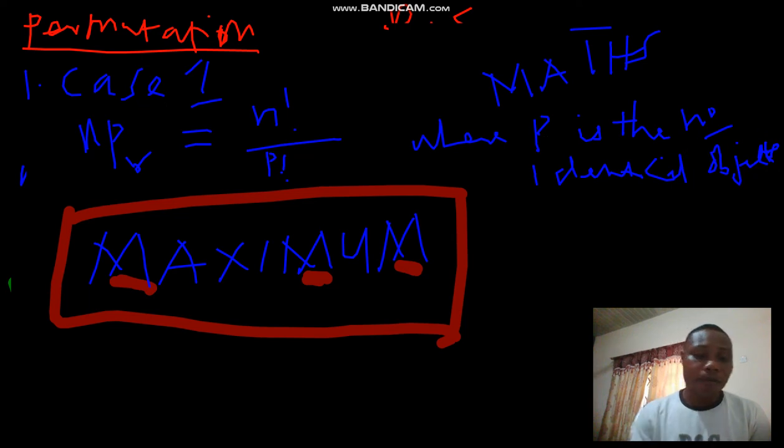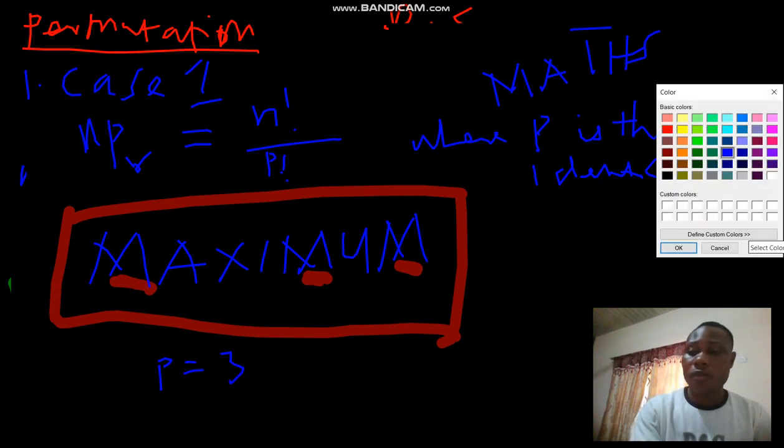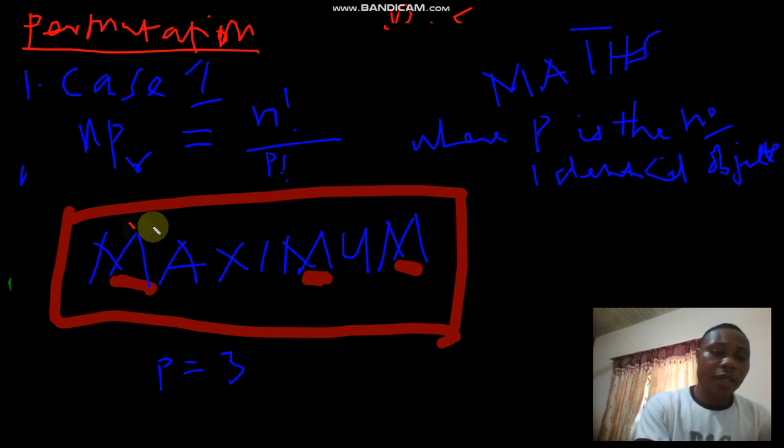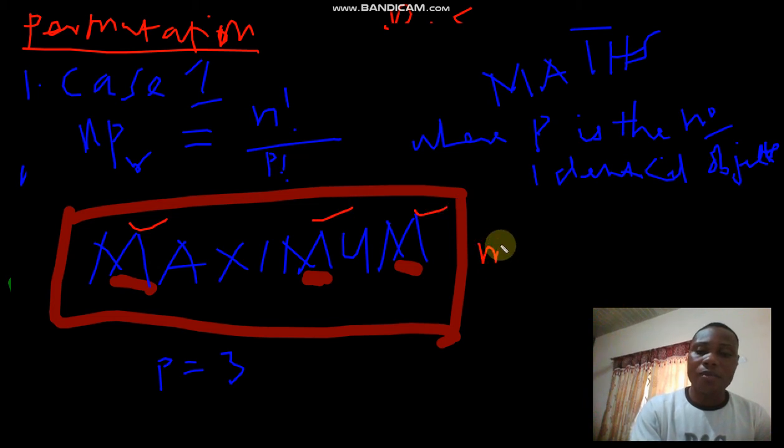Now let me explain. The p is going to be 3. Why? Because I have first m, second m, third m. So my m's are 3, therefore my p is 3.